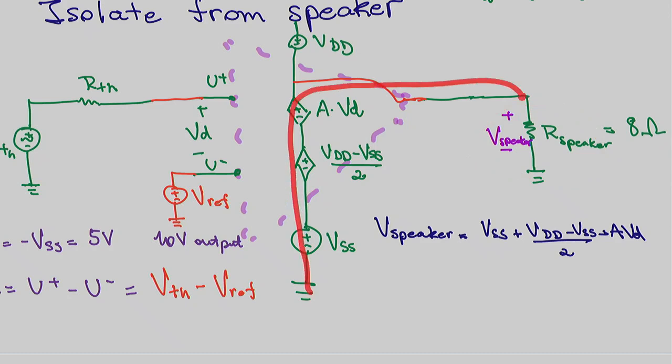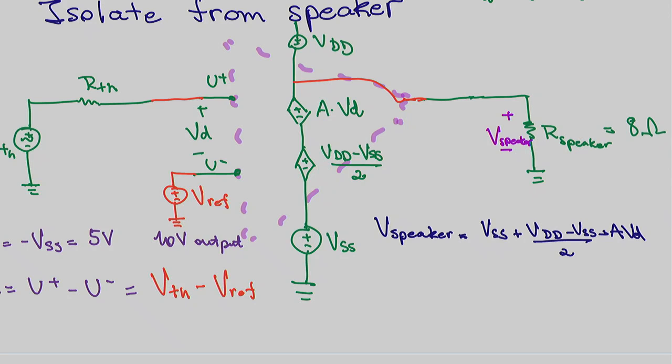V speaker is part of this loop in the circuit, and both leads here are connected to ground. So I apply KVL to this loop. To go from minus to plus, which is V speaker, I need to go minus VSS to plus, right? So VSS plus that equals V speaker.